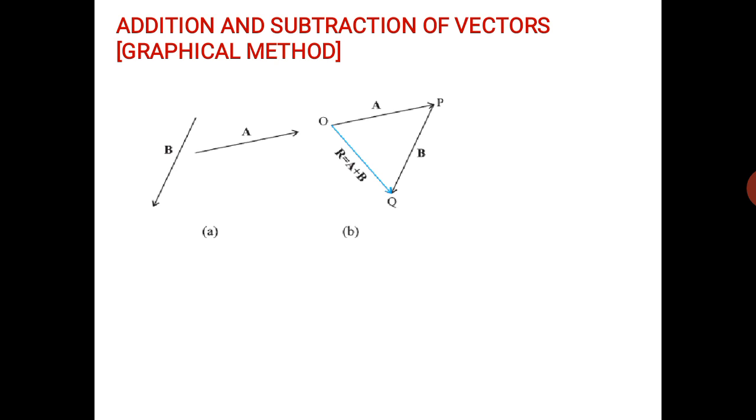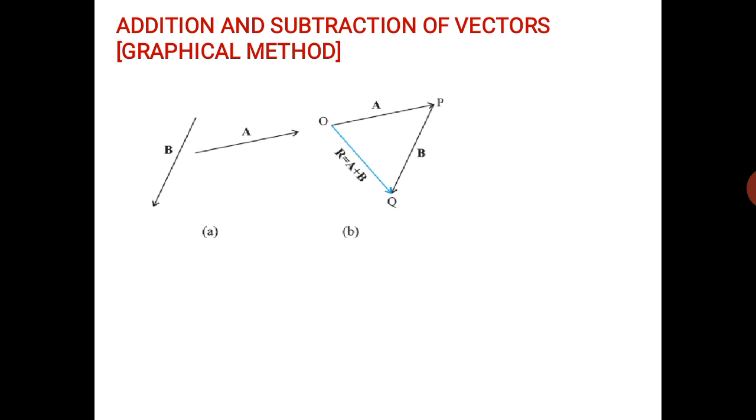We can call the vector OQ as R, and it is called the resultant vector, which is the sum of these two vectors. So vector OP plus vector PQ equals vector OQ, that is R equals vector A plus vector B. So this is the way of addition of two vectors.